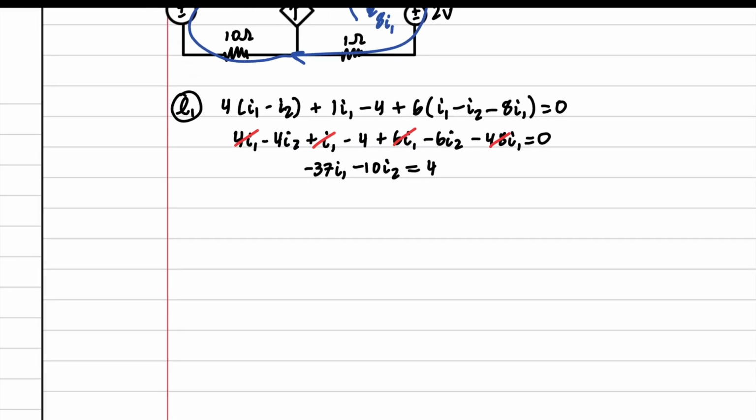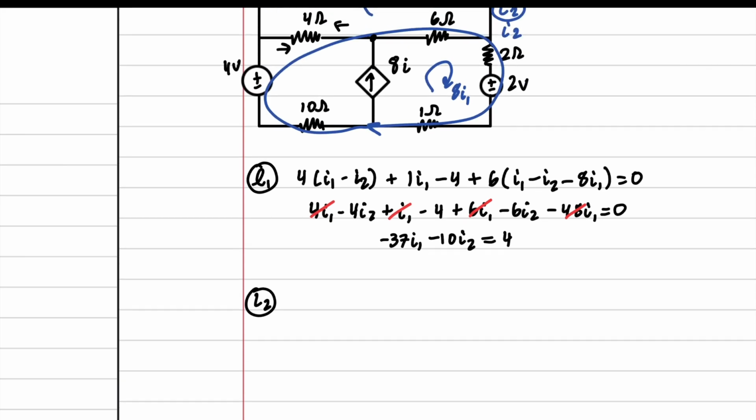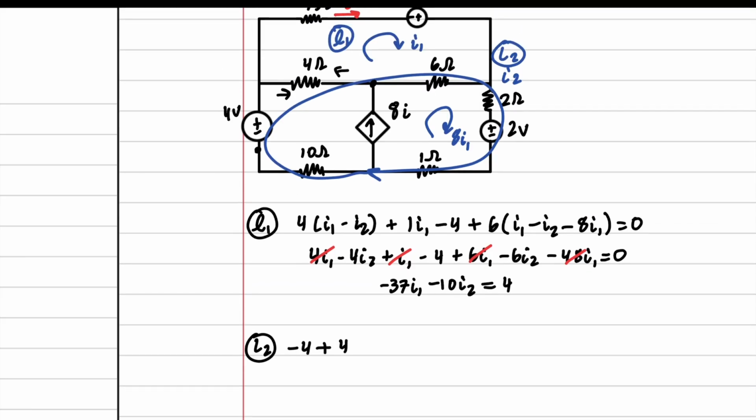Now we're going to do the big loop, the super loop L2. I'm going to start from right here. We have -4 plus 4 ohms times I2, and I1 is opposing us because it's going in the opposite direction.